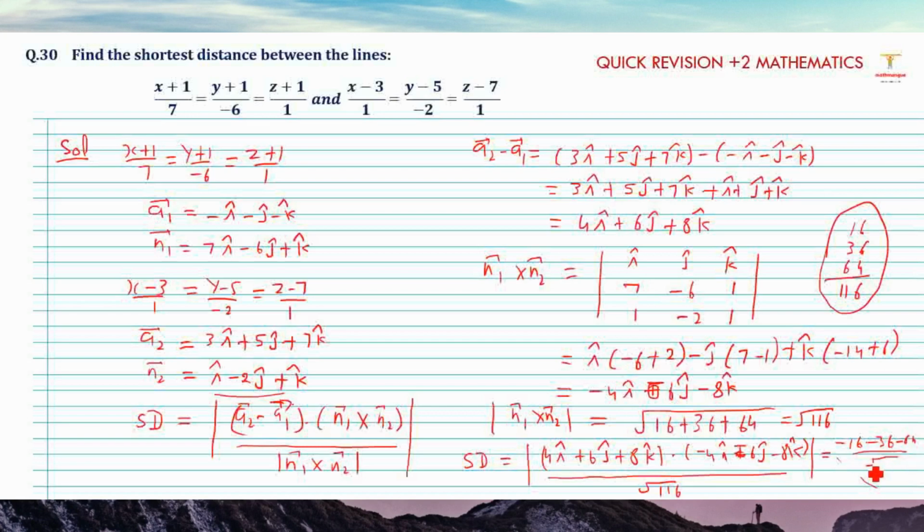If you take the modulus and simplify it further, the answer is root 116, which comes out to be 2 under root 29. So this is the answer to this question, children. Okay.